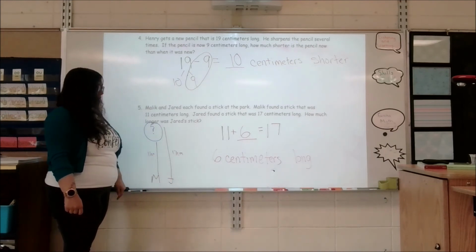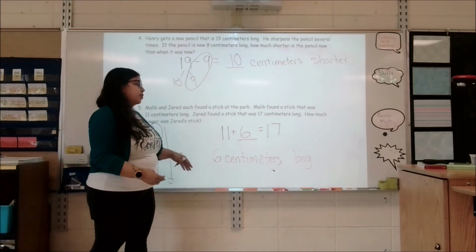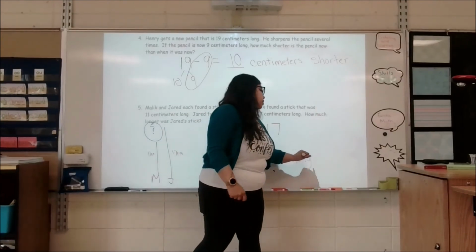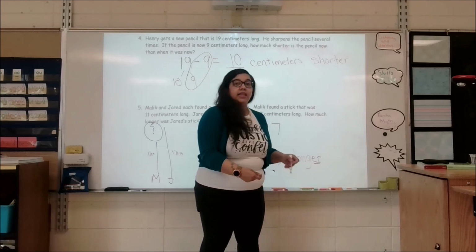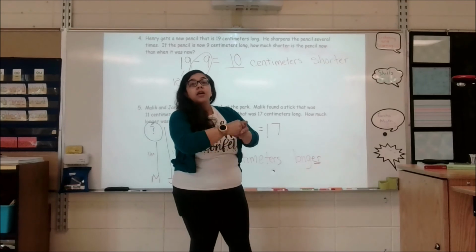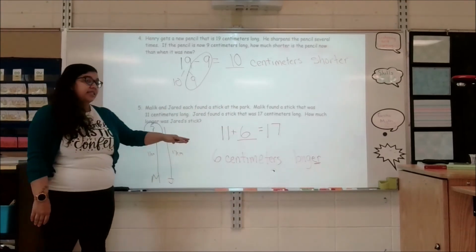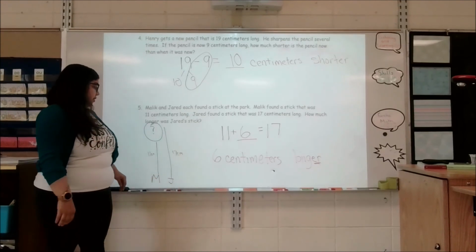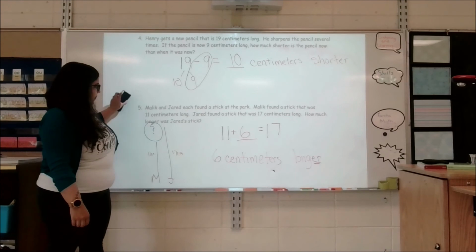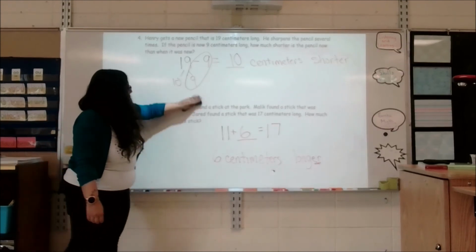One stick is 11 centimeters, the other stick is 17 centimeters. The answer is that it is 6 centimeters longer. And remember we said that the -er at the end of a word means more. So that tells us that Jared's stick is 6 centimeters more long than Malik's stick. Okay? We're trying to find that space in between.